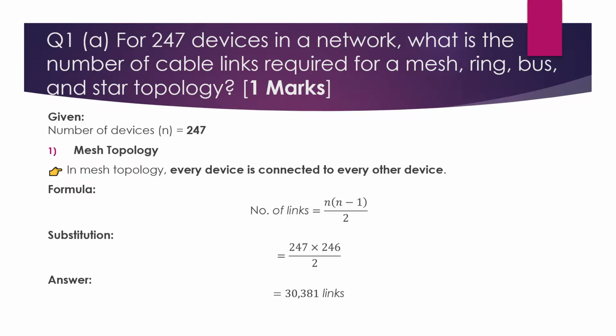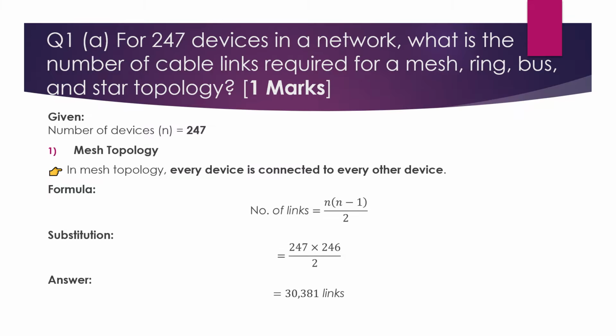Number of links is equal to n into n minus 1 by 2, where n is the number of devices, here 247. If you do the calculation, you will get the answer as 30,381 links.